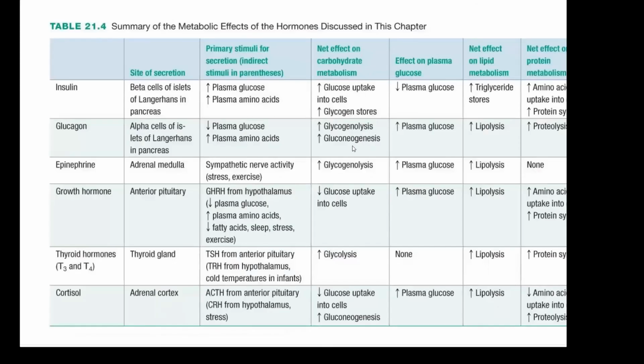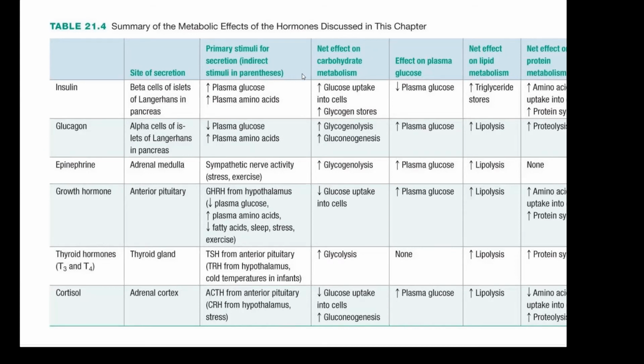Okay. This is summarizing the metabolic effects of the hormones we talked about in this chapter. So this is a little more important, and this is complicated, but it really shows us this sort of interplay between all these different hormones.